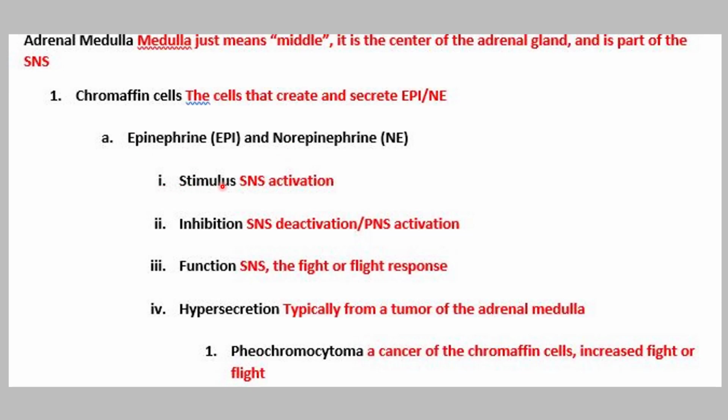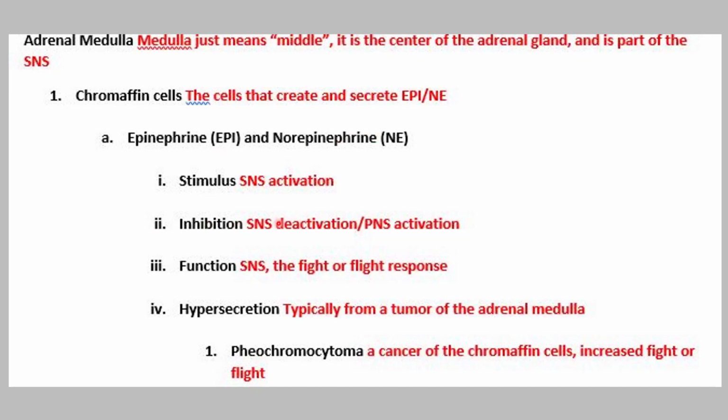So what is the stimulus for the release of epinephrine and norepinephrine? Activation of the sympathetic nervous system. When the sympathetic nervous system is active, neurons that are connected to the adrenal medulla cause the release of epinephrine and norepinephrine. What is inhibited?